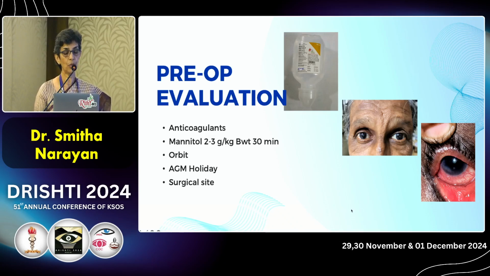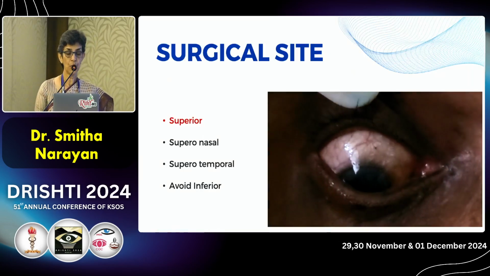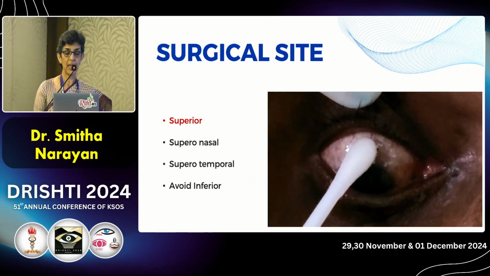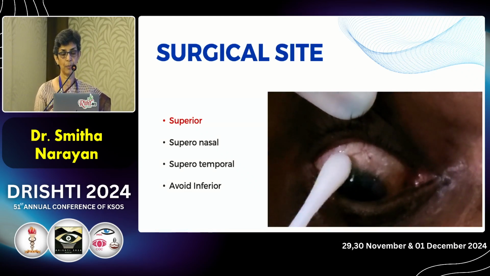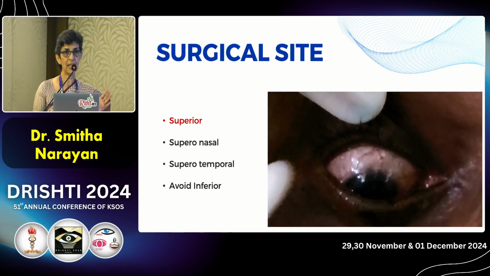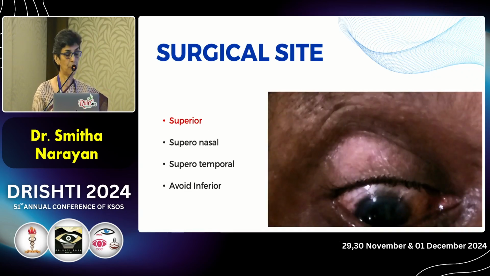You can also use topical steroid drops, FML or prednisolone acetate drops, but keep in mind that these steroids themselves can cause steroid-induced glaucoma. Then choose the surgical site. Trabeculectomy is best done at the superior position, slightly staggered superonasally or superotemporally, which allows the aqueous to flow down equally in both directions.